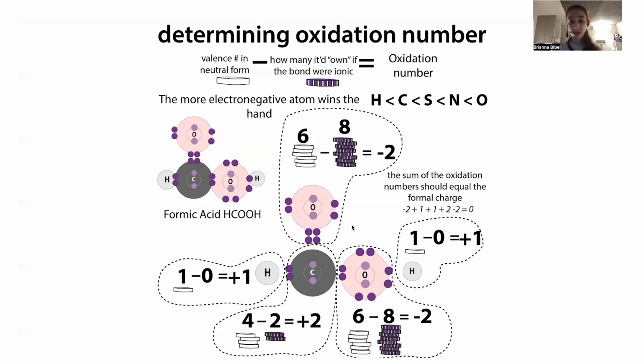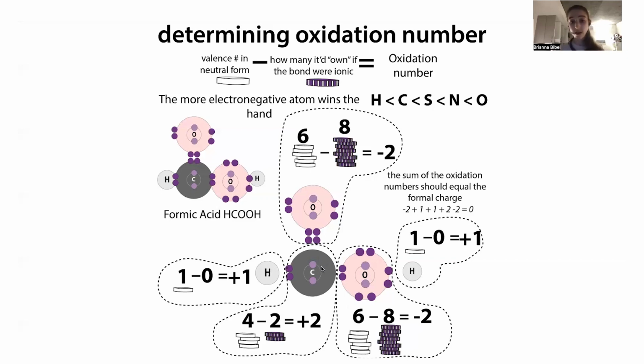Okay, let's now look at these trickier ones, which are bonded to multiple things. So this oxygen, remember, it's going to get to keep this one that was shared with the hydrogen, and it's also going to keep this one that was shared with the carbon. So it's going to end up with 8 overall. 6 minus 8 is -2. You have an oxidation number of -2.